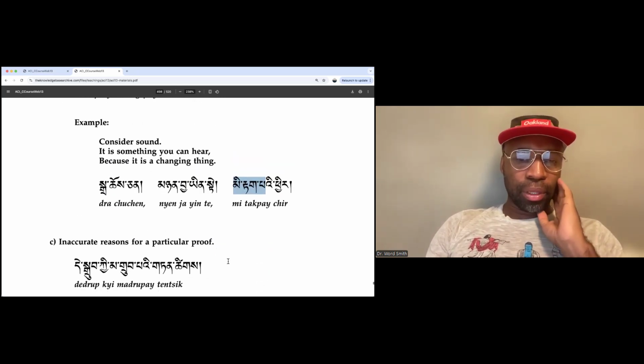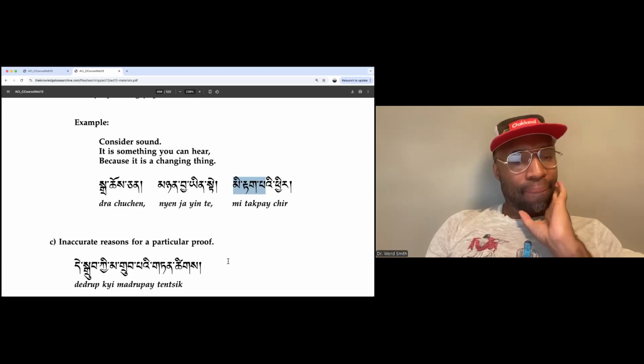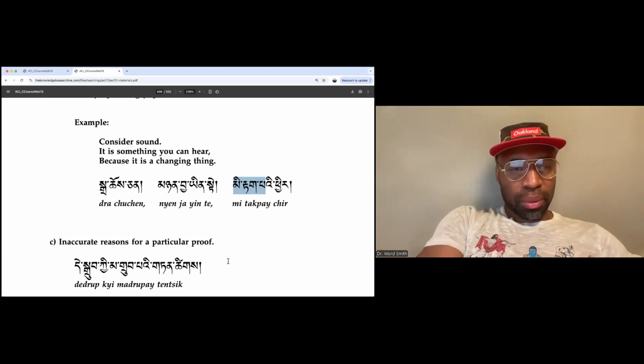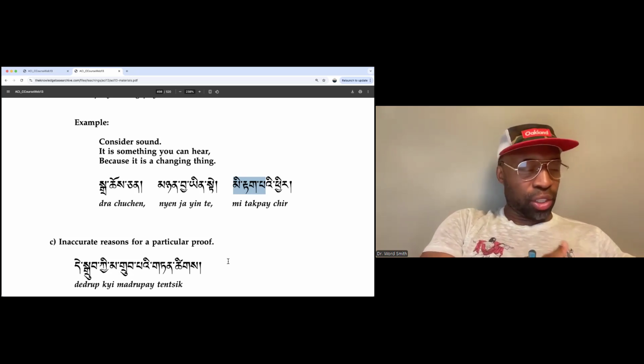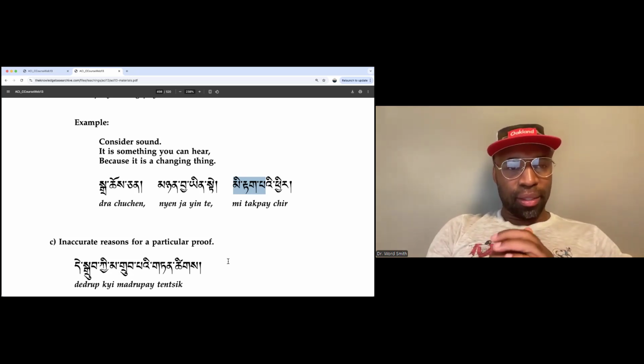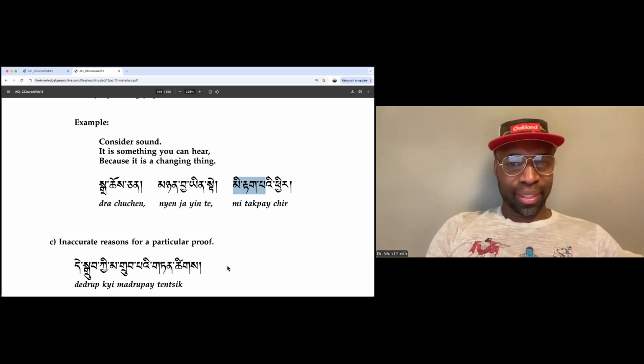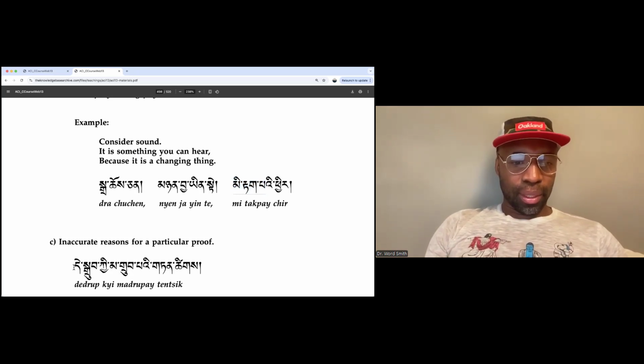Inaccurate reasons for a particular proof. Consider sound. It's a changing thing because it's a fruit. Right? It's not a fruit. That particular proof doesn't prove that.